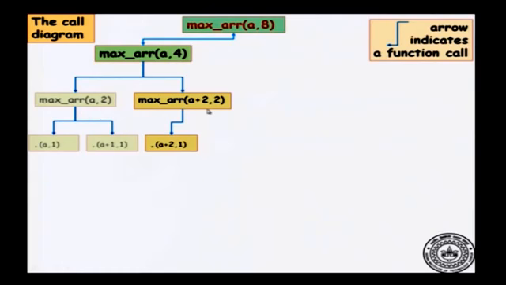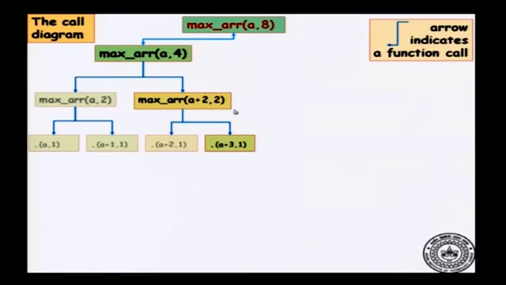At this point, this function will call its second component, which is max array a plus 2 comma 2, and the recursion continues. As soon as a function returns, its stack frame will be erased. I am showing that by dimming out that particular function call. This proceeds, and once this value is obtained, you can return to max array a plus 2 comma 2.